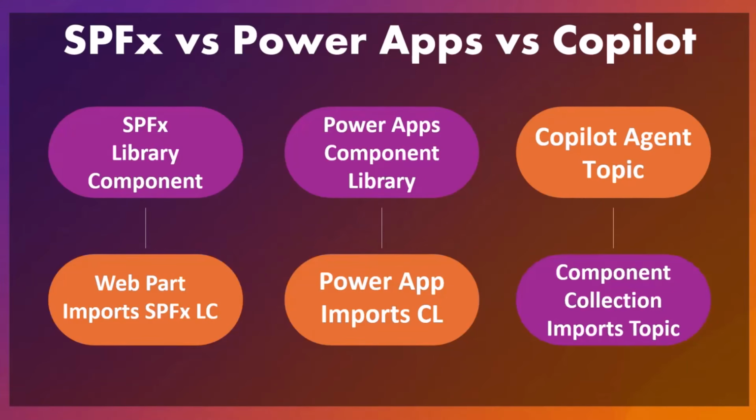Maybe that's a topic, as we see in this example. Then the component collection imports that agent and inherits that component, in this case the topic. So while we're used to creating all of the functionality of the component first and then importing it into our agent, it's actually the other way around. It's like a chicken and egg scenario.